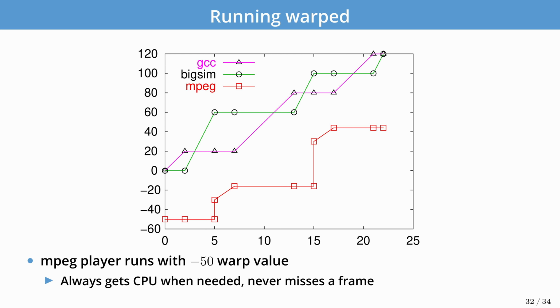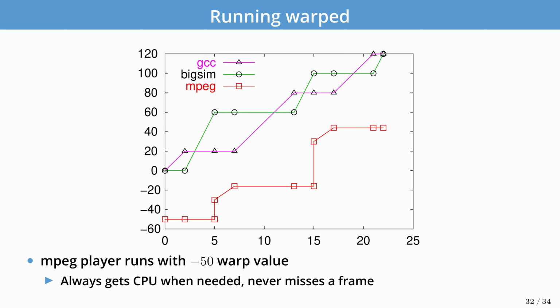Again, at time t equal 15, MPEG wakes up again. Its virtual time is far behind everybody else. We need to reset it to the scheduler virtual time. So we take again the lowest of the remaining running tasks, which is GCC, and we reset the actual virtual time of the MPEG.